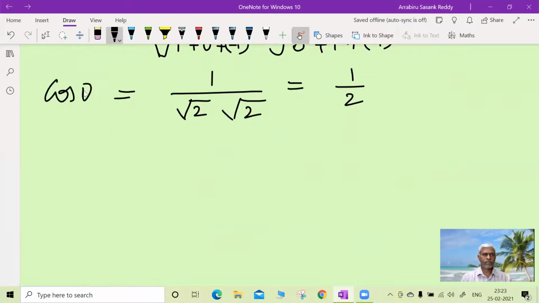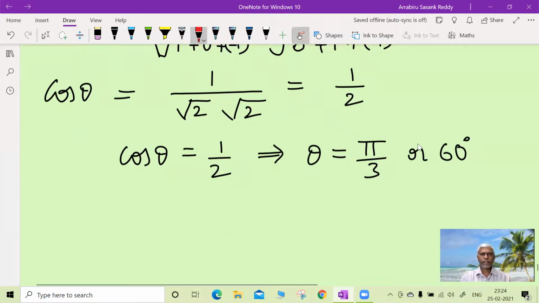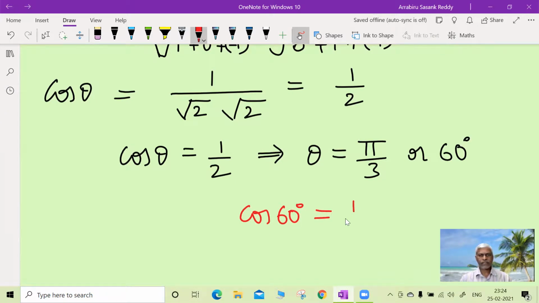Cos theta is equal to 1 by 2, that is theta is equal to pi by 3 or 60 degrees, since cos 60 degrees is equal to 1 by 2.